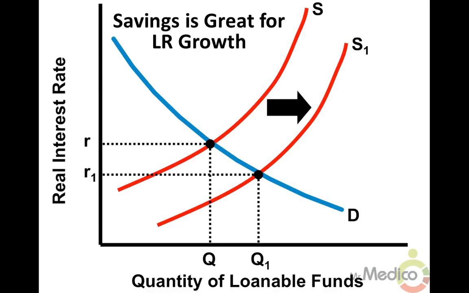While this idea is similar to what we just looked at with the money market, it's important to note that we use real interest rates for loanable funds, and we have an upward sloping supply curve for loanable funds, because the Federal Reserve isn't the only thing in control of the supply of loanable funds.